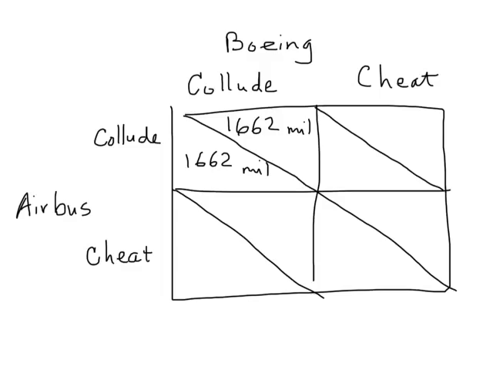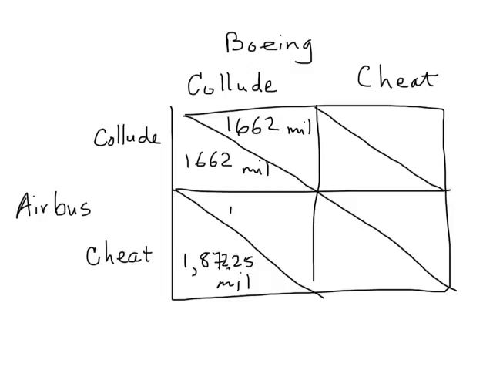And we can enter them in two places. First off, if Airbus cheats, they're going to make 1,872.25 million. Oh, 872.25. There we go. Million.